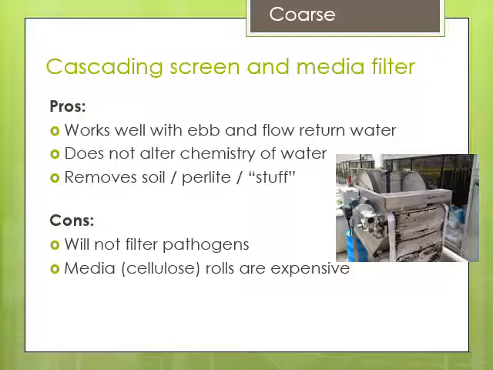Essentially, it is a cascade filter, like I just described. So there's your slope back, and then what's rolling over top of that filter is a paper media. It comes off a roll, slides down the front, and comes up and out the other side. That's what you're seeing in this picture: the dirty paper that has come from the other side of the cascade.